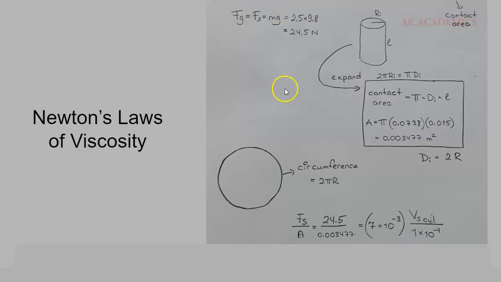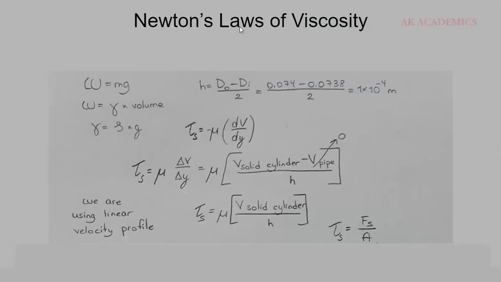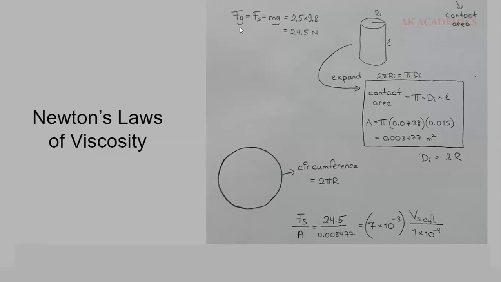All right, so we know that we are going to have weight, like I mentioned earlier, there is weight of gravity on the solid cylinder in the pipe. That weight could be represented as the force of gravity, and that will be equal to mg. The weight is also going to be equal to shear force, so both of them will be equal to mg.